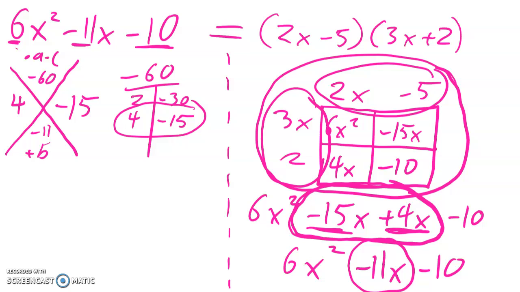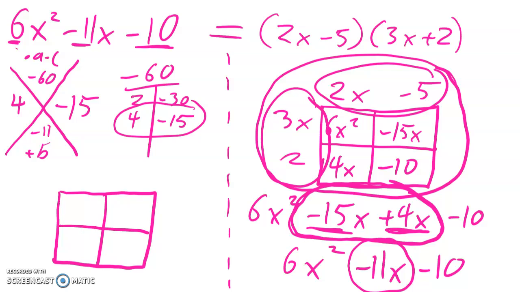So to do that, I'll make an empty square here, divide it up. And I know that in every trinomial, I always have the first and last term inside the first and last box. The two numbers I just came up with, those are the linear terms of the trinomial. So I figured that out.